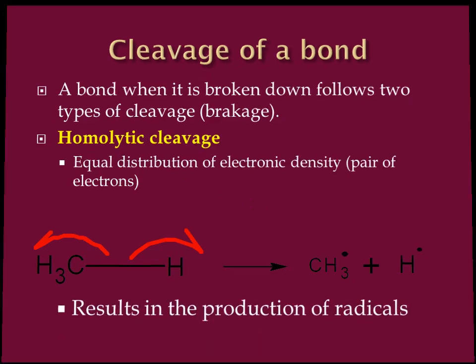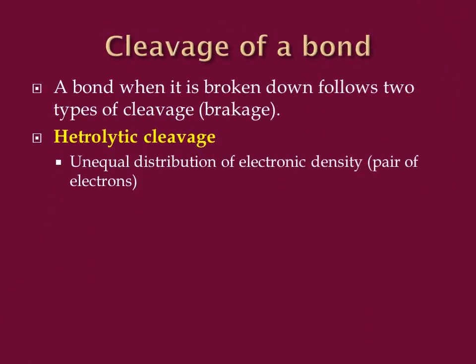The second type of cleavage is heterolytic cleavage, in which unequal distribution of electronic density takes place. For example, look at methane. This CH bond is going to be broken down in such a way that this pair of electrons is taken up by the CH3 group, depriving the hydrogen of its own electron.